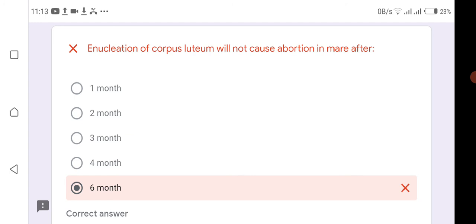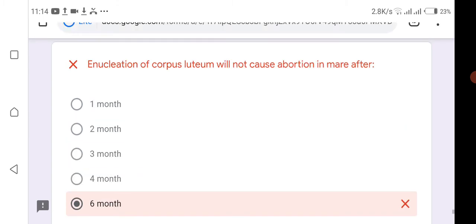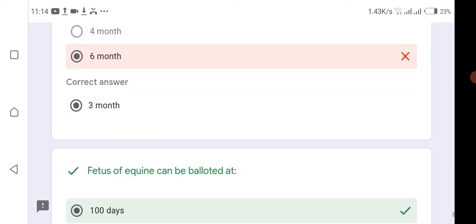The placenta secretes progesterone that retains the pregnancy whether the corpus luteum is present in the ovary or not.